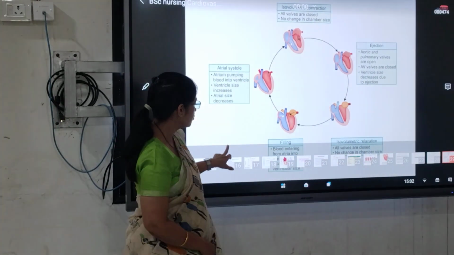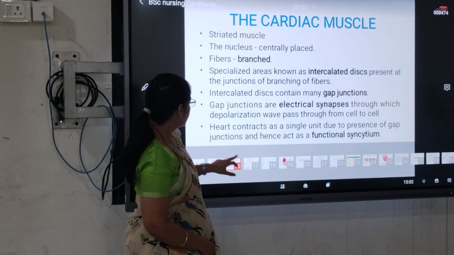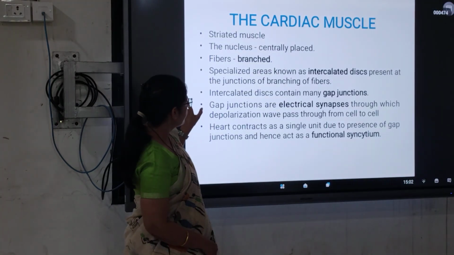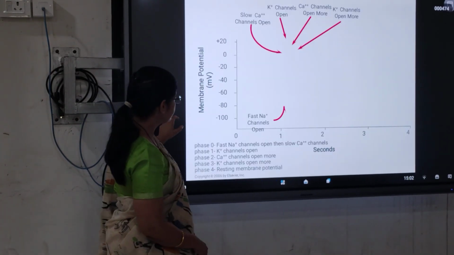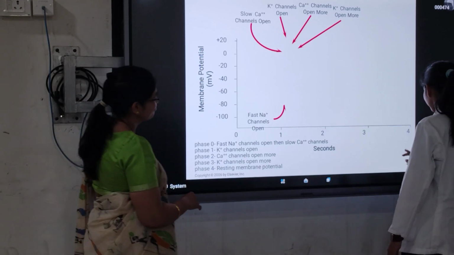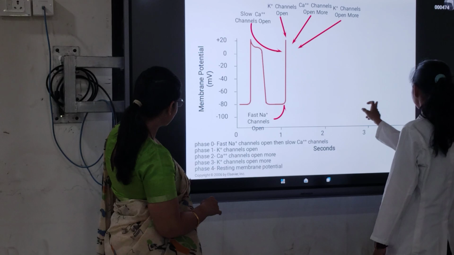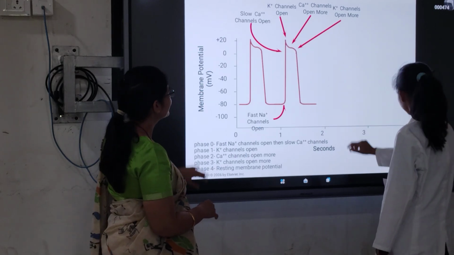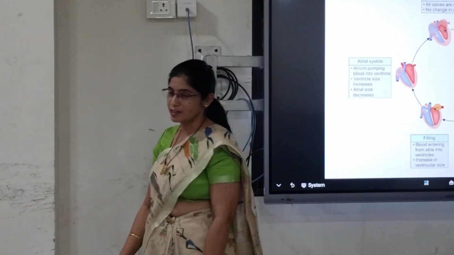The blood enters, and there is an increase in the ventricular size. In the filling there is a rapid filling phase, when the pressure difference is much more and blood moves rapidly. Then, as soon as the pressure in the ventricles builds up, there is a slow filling phase.